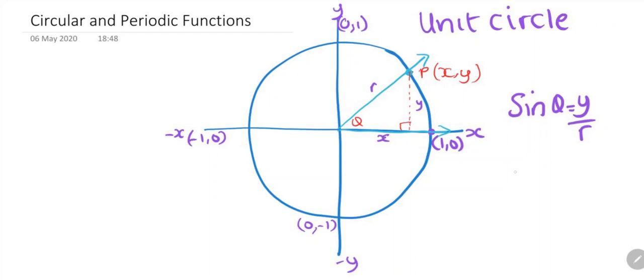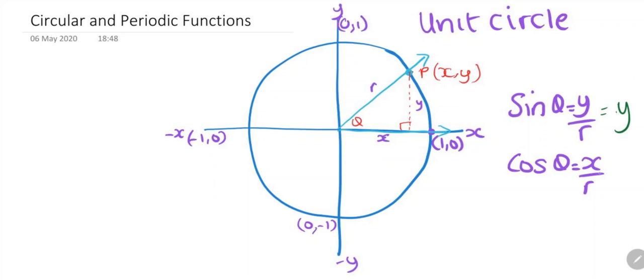If we wanted a cosine, this would be x divided by r. We can look at these values and see that the sine of theta is y over r, and r is 1, so the value here would just be y.